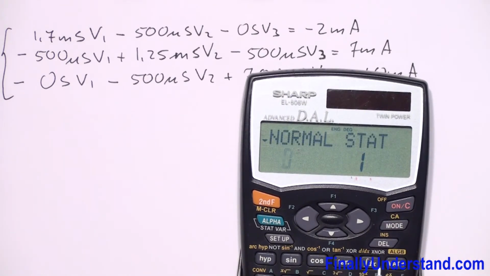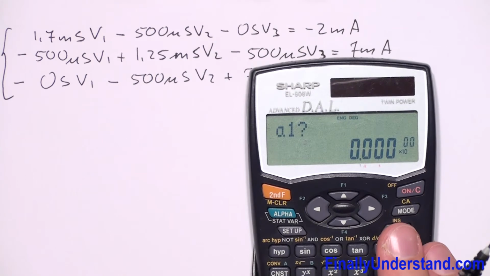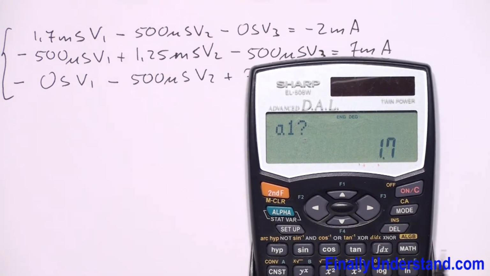So I have mode 2, 1, and I have 1.7 exponent 3 negative, press equal, 500 negative exponent 6 negative, and I have 0, and I have -2 exponent 3 negative.